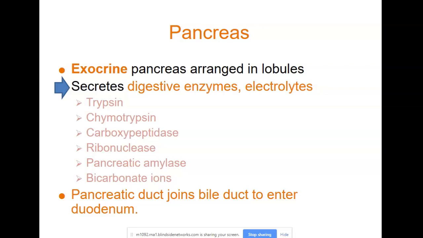So all the bicarbonate ions that your pancreas makes are very, very basic. And then you mix them with the chyme and you bring that chyme from a pH of 3 to about a pH of 6.5 to 6.8. So now it becomes much closer to normal physiology, which is 7.4.